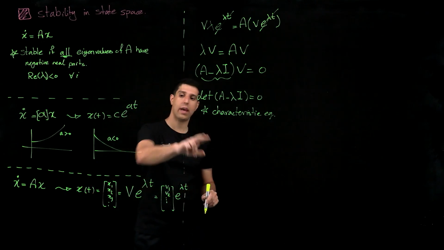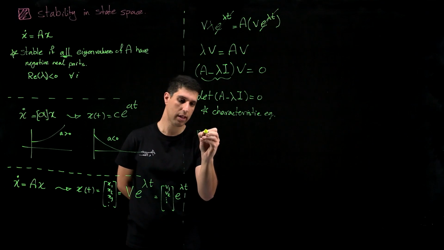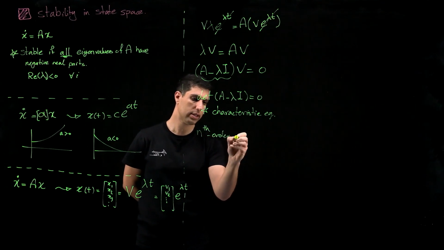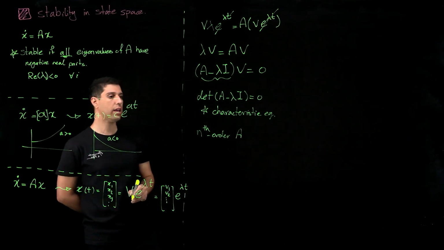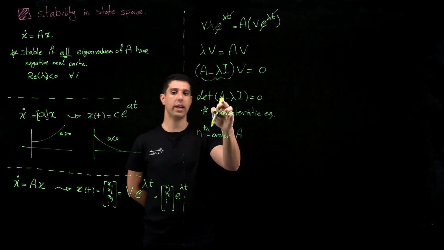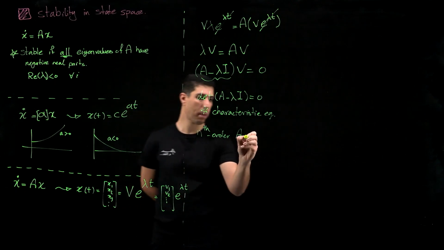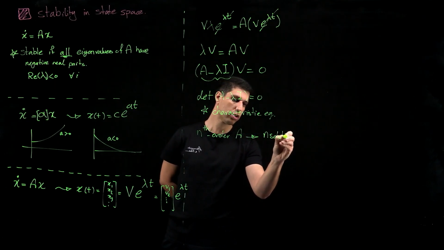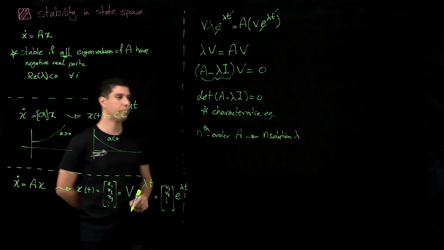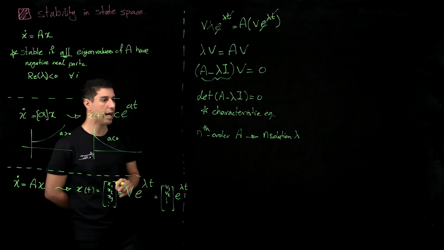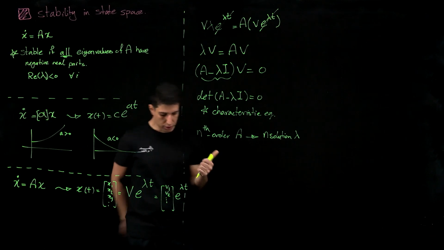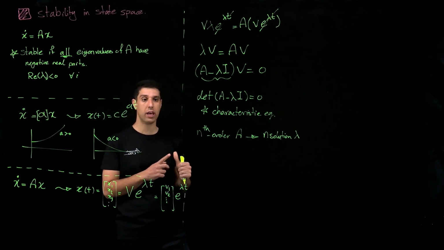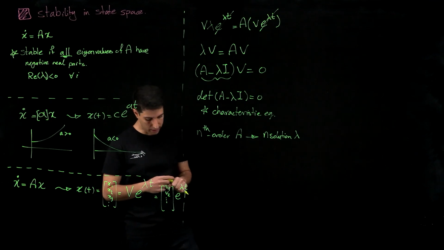And remember that if we have an nth order system, or nth order A, this is going to be an nth order polynomial. So I have n solutions for lambda, or n eigenvalues, some of which may be repeated, and some of them may come as complex conjugate pairs.